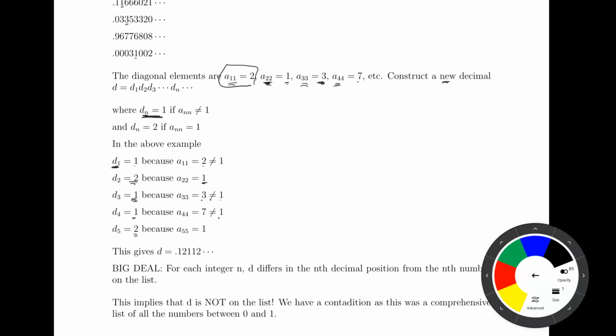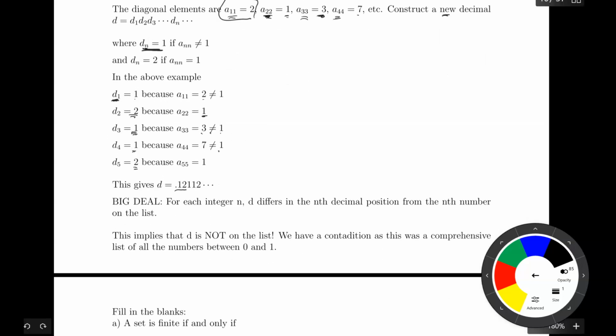So what did we just do? We just made up a new number, I'm going to call it just plain old D, that has D1, D2, D3, that differs in the nth position from every other number on the list.